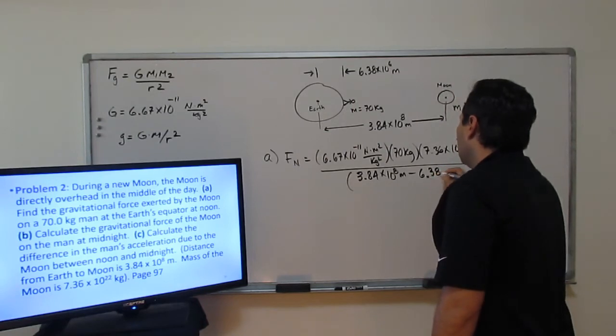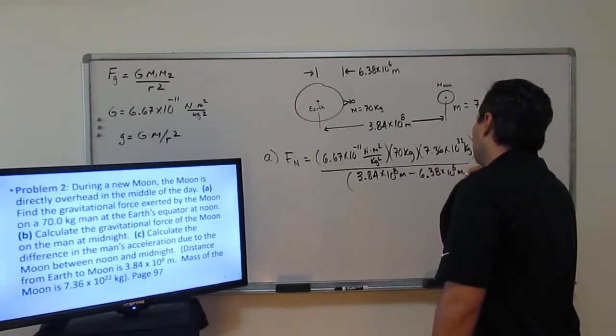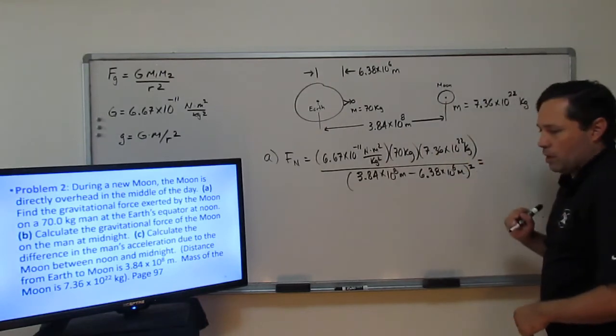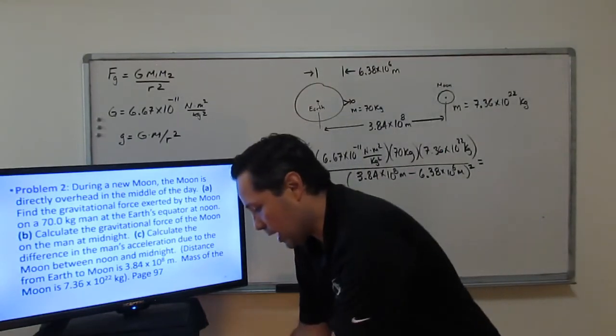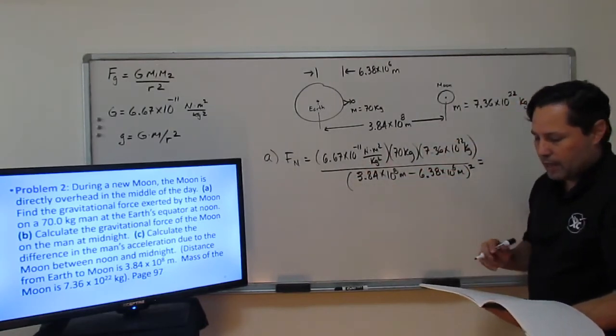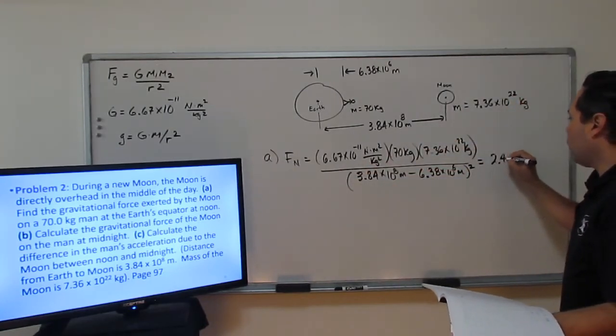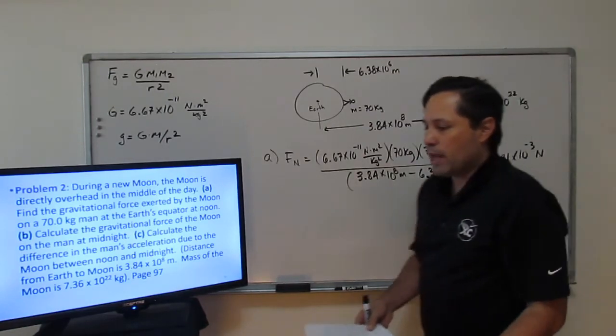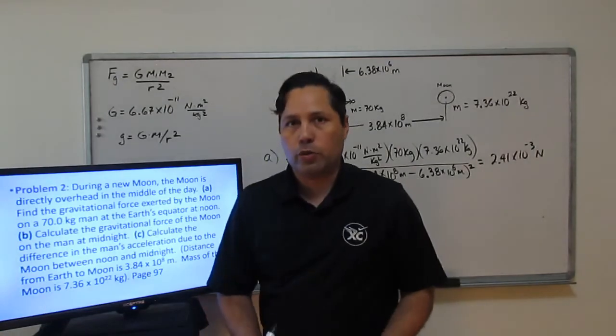Plug that into your calculator. Don't forget that is squared. Multiply everything on top, multiply everything on the bottom, and the answer will be 2.41 times 10 to the negative 3 newtons. So that is for noon.